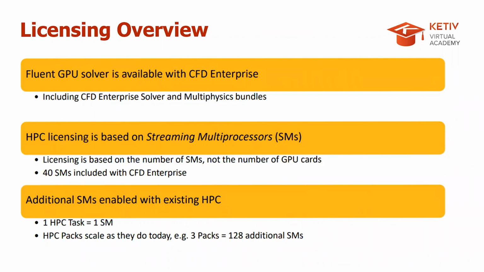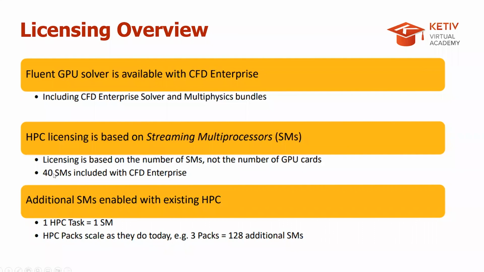Not the number of GPUs that you have, but the number of total streaming multiprocessors available on those GPU cards. I'll talk a little bit more about this in the next slide so that it's a little bit more clear. But what you basically need to remember is that right out of the box with CFD Enterprise, 40 streaming multiprocessors are already included.